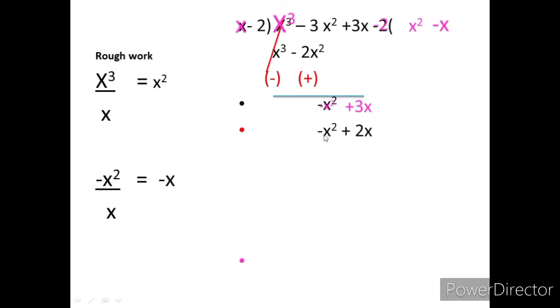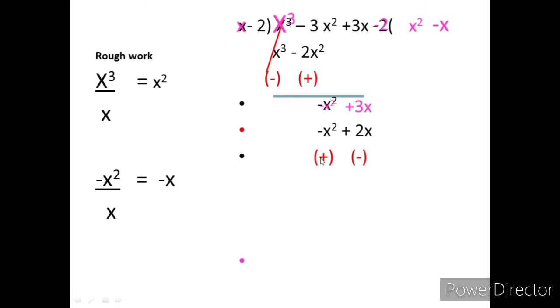While subtracting the polynomials, you have to change the signs of the second polynomial. Okay, so now I will go to change the signs. Here you see minus, it becomes plus. Here you see you have plus, it becomes minus. Isn't it? Now you see here minus x square, here you have plus x square.